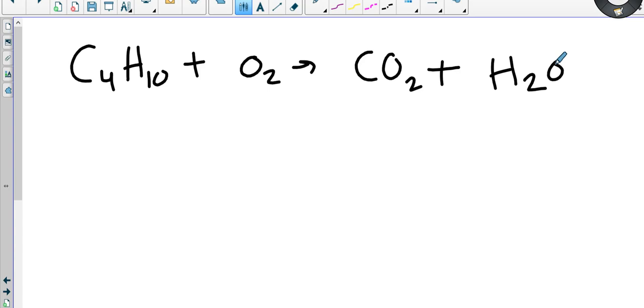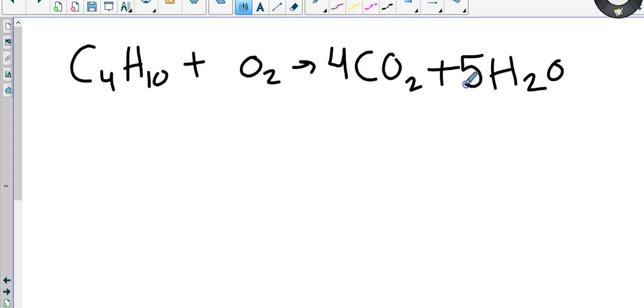This carbon coefficient has to be the subscript for carbon. There's no other way to do it. So put the 4 right here. Now, this hydrogen subscript, guess what? It's going to get multiplied by 2 right here, but what should I put right here? That's right. So the water coefficient is half of that, because it's about to be multiplied by 2.